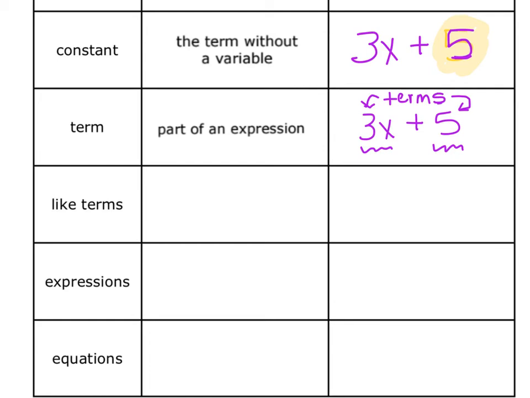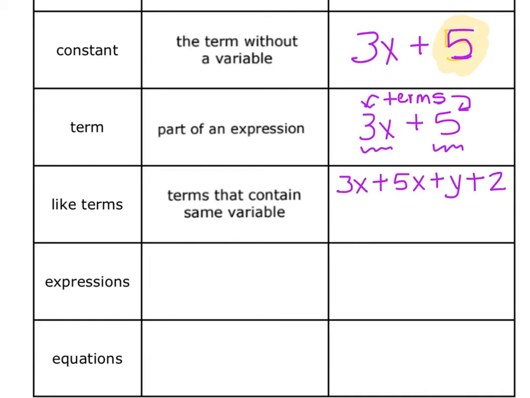So let's talk about like terms. Like terms are terms that contain the same variable. My example over here is going to switch up for just a little bit from our 3x plus 5. We're of course going to use that, but we're going to be adding to it. I gave you a really long one: 3x plus 5x plus y plus 2.